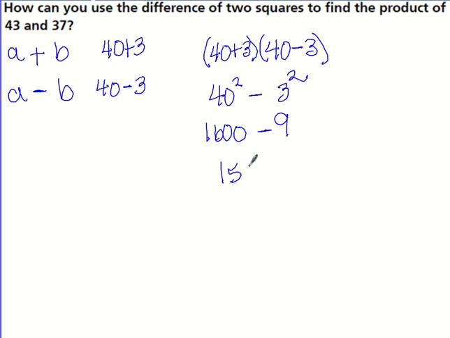I borrow from here, from here, and from here. There we go, 1,591. Done. You can check it on a calculator. What's 43 times 37? It should be 1,591. And that's how we can use this difference to use it for really big numbers.